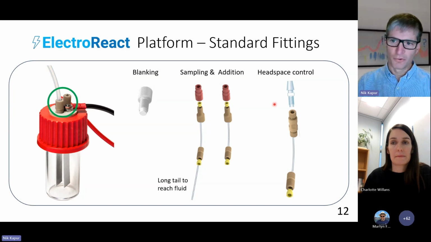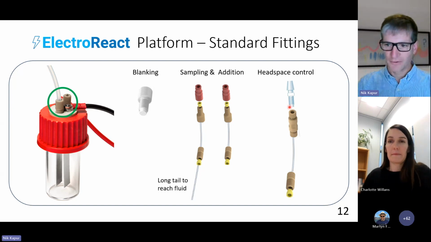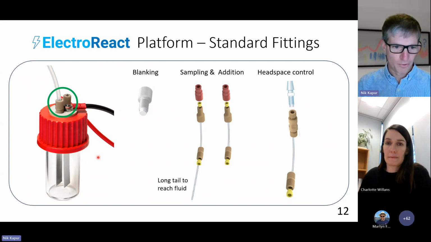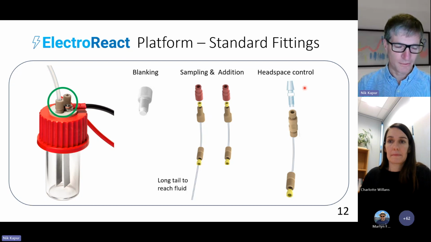And then you can also control the headspace. Particularly if you're wanting to use reactions that are gas sensitive, you might need to purge the reactor and replace what starts off as air, for instance, with an inert gas. And this allows you to do this on a Schlenk line. So again, a very convenient and easy way to really control the environment around which a reaction is taking place.